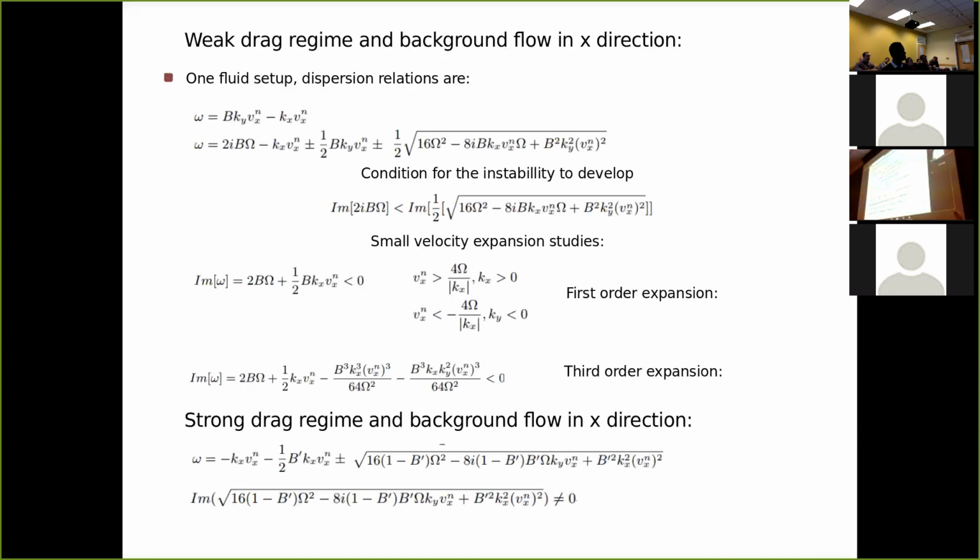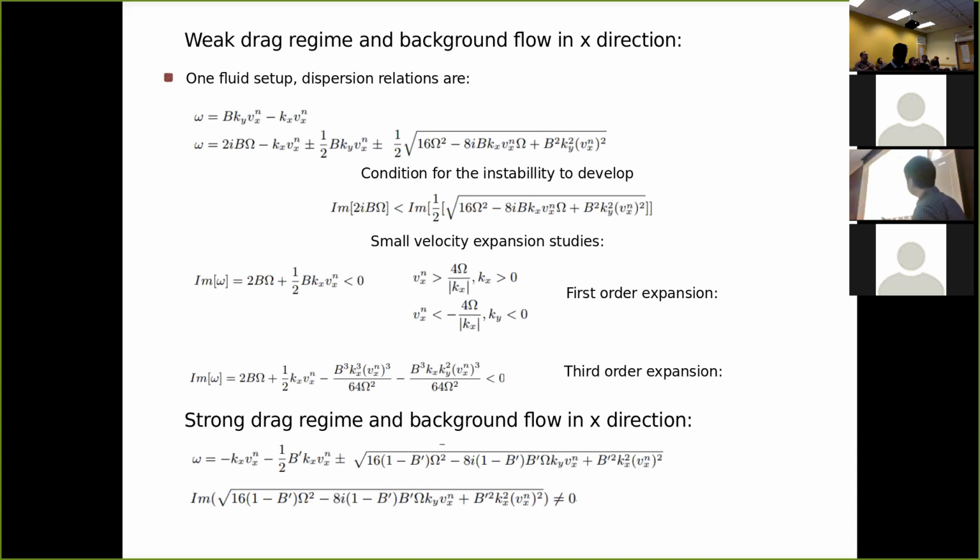The next new result, and a very interesting one, is when we consider background flow in the x direction. The x direction here is a direction that lies in a plane perpendicular to the vortex line vorticity, and the vortex line vorticity here is aligned with the rotational axis of the star.